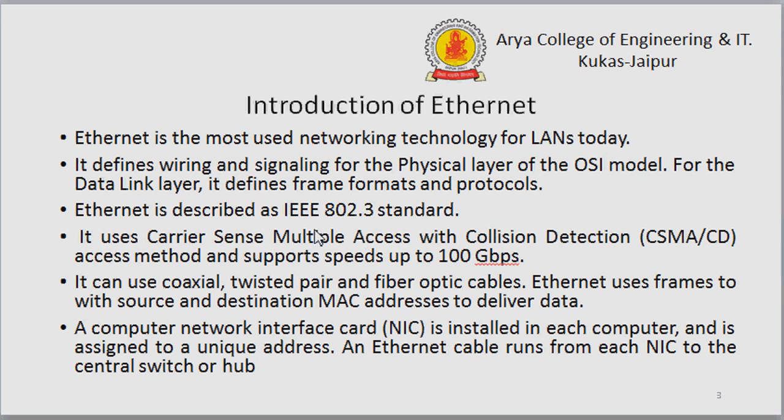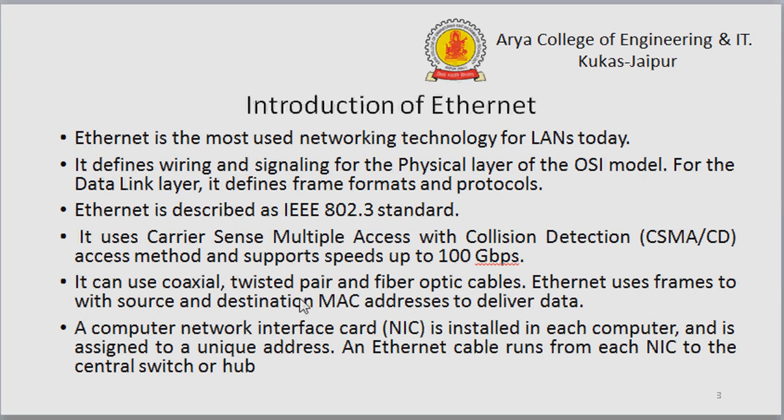Ethernet is described in the IEEE 802.3 standard. It uses the carrier sense multiple access with collision detection access method and supports speeds up to 100 Gbps. It can use coaxial, twisted pair and fiber optic cables.